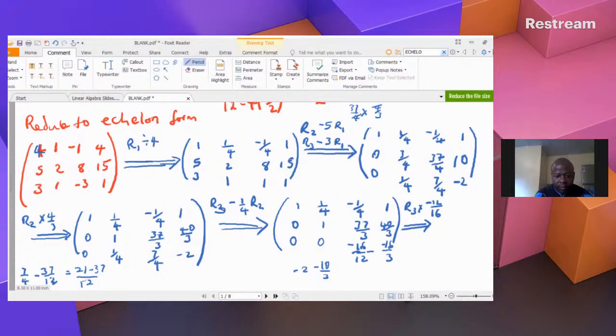Then create some. Property. Okay, so share it again.